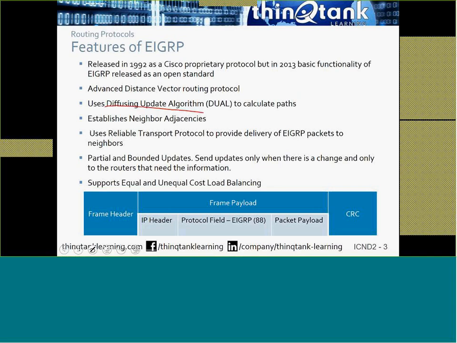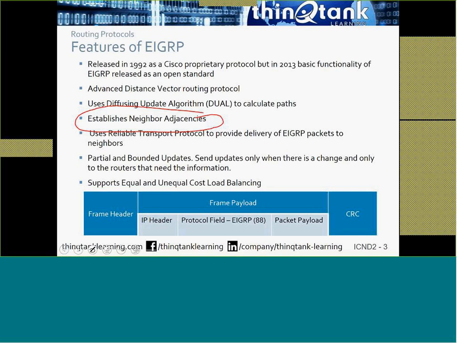Unlike RIP, EIGRP routers have to establish official neighbor adjacencies before they exchange routing information. A neighbor adjacency is almost like a TCP connection establishment.